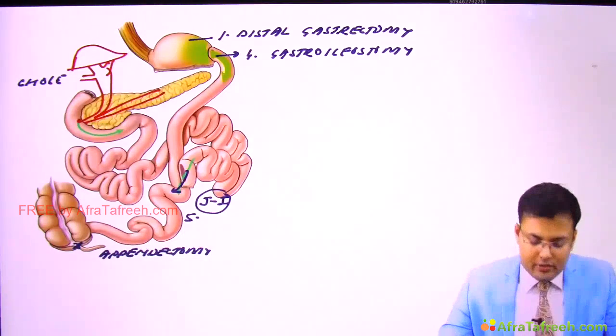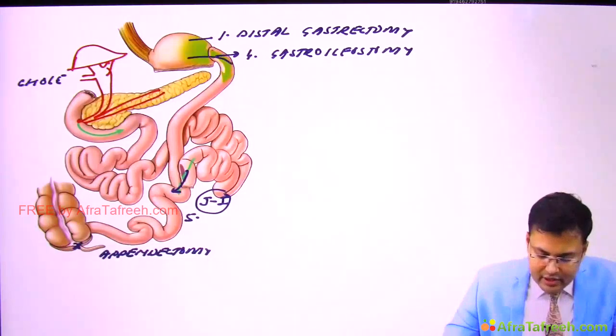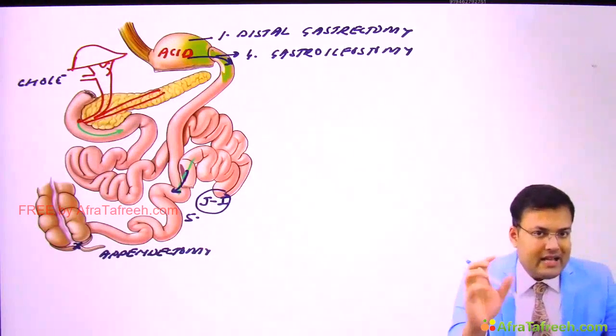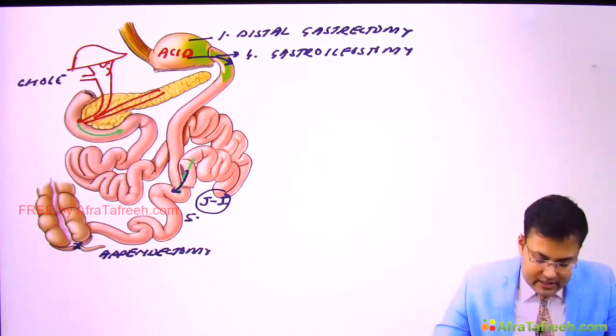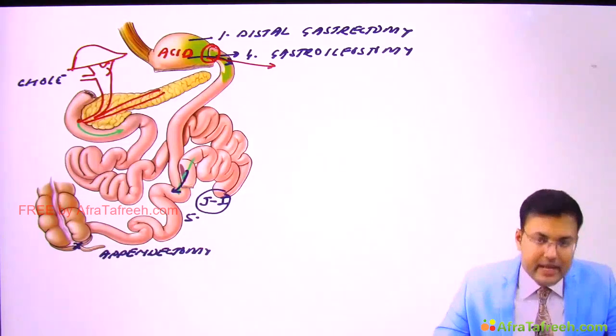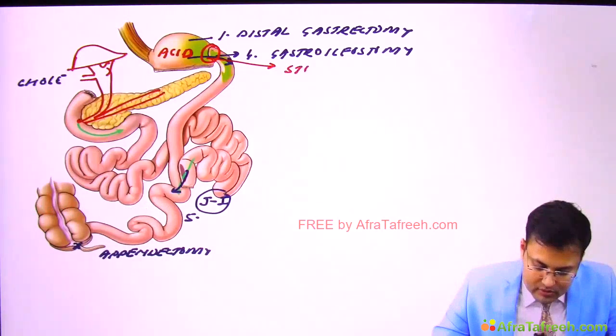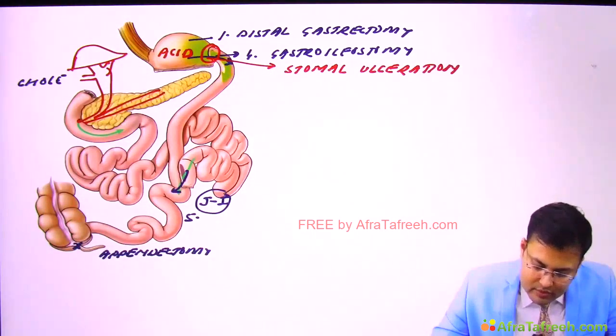Now the problem. Here you can see this is gastroileostomy. It means whatever acid is produced from the stomach is going to enter the ileum, and there is a problem of ulceration at the stoma. So one of the main problems is stomal ulceration.